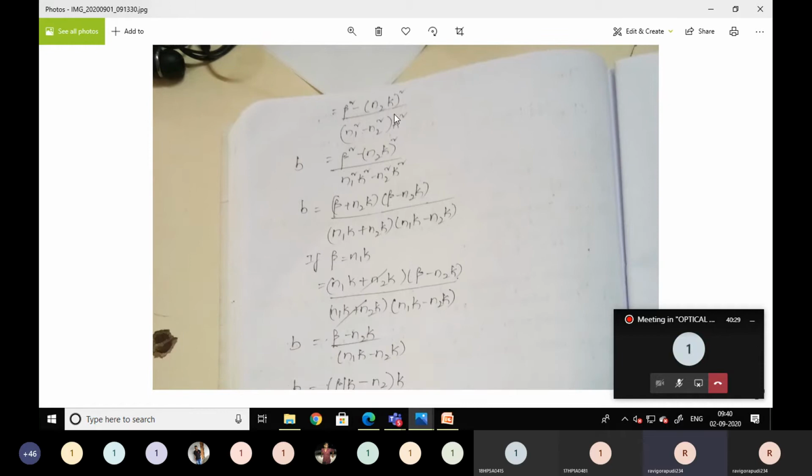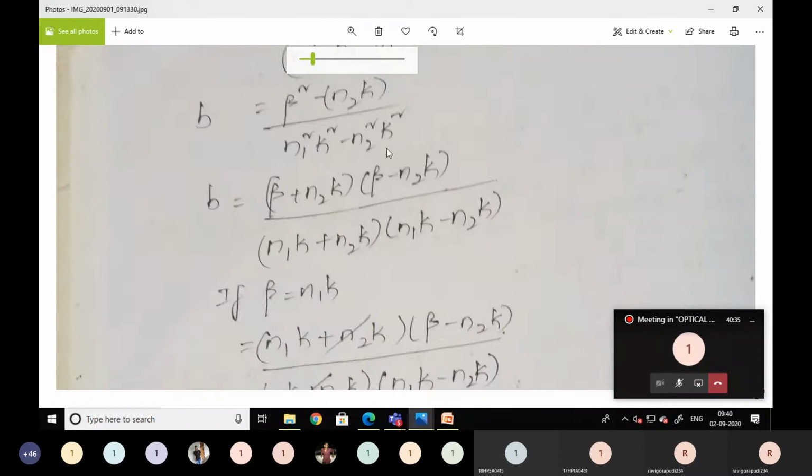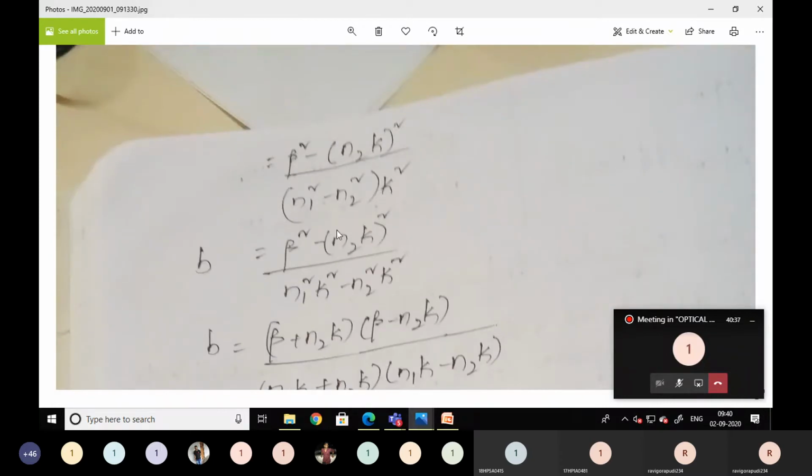So again from the same formula, continuation. Beta by k whole square minus N2 square by N1 square minus N2 square, already written in the previous formula. Now beta by k whole square I am writing as beta square by k square.